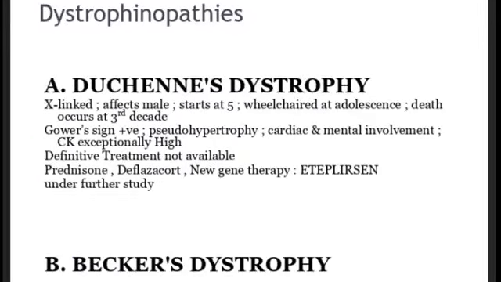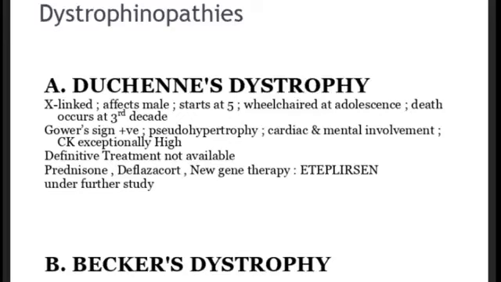The example is Duchenne muscular dystrophy, which is an X-linked disorder that affects predominantly males. Symptoms begin by age 5 years, and patients are typically severely disabled by adolescence, with death occurring in the third decade. Toe walking, waddling gait, and an inability to run are early symptoms.